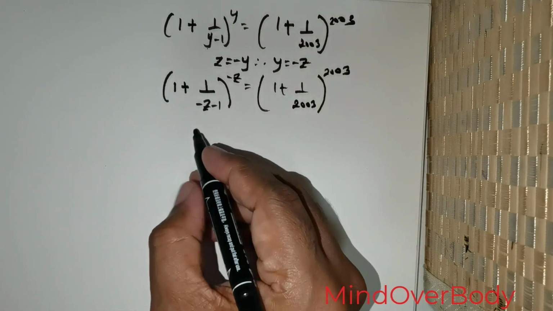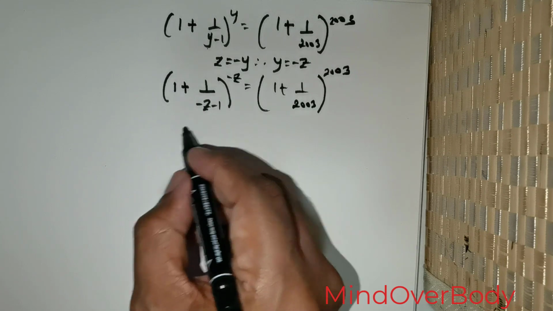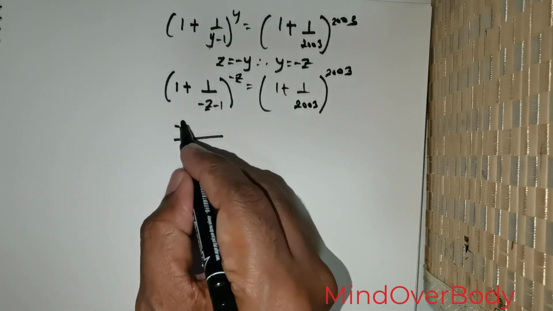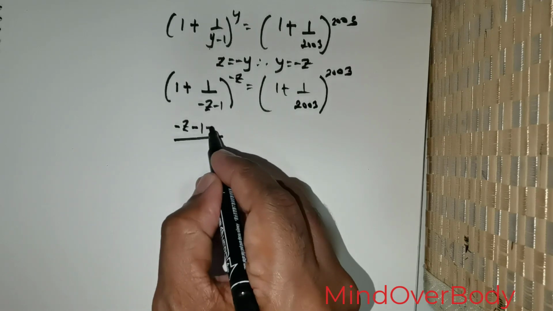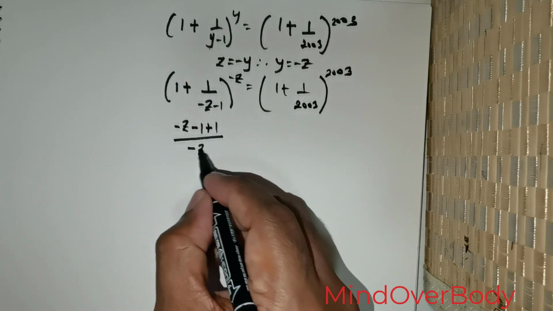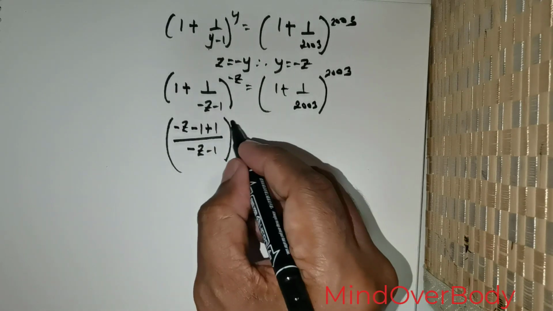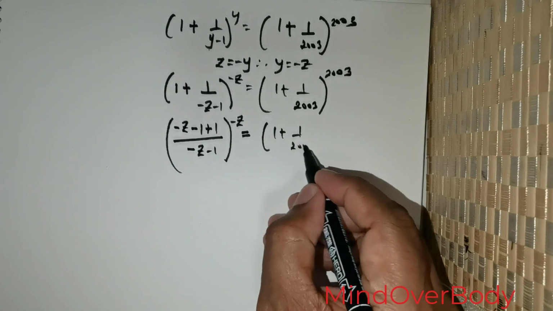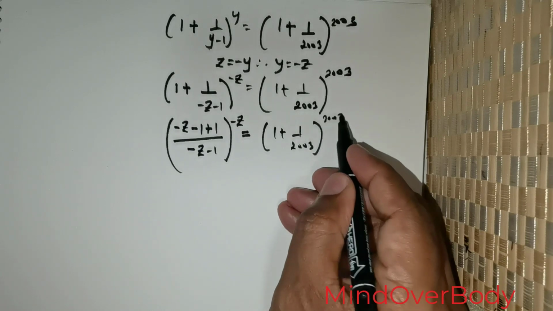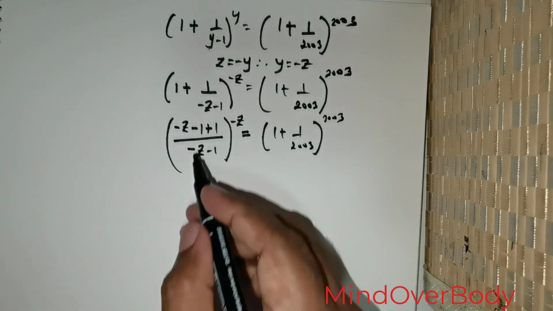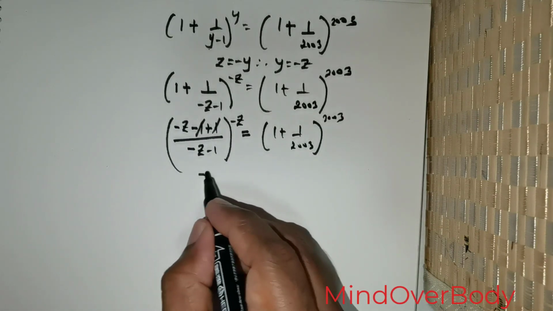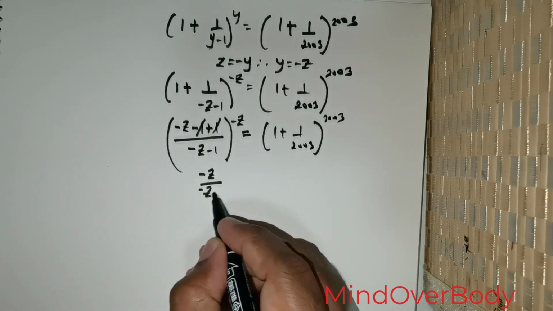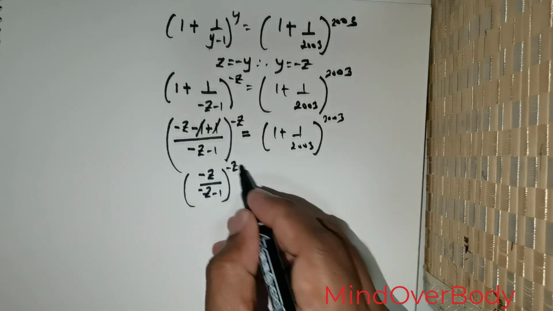Now I would like to simplify this. This is going to be (-z - 1 + 1) divided by (-z - 1), raised to the power of negative z, equal to (1 + 1/2003) raised to the power of 2003. Now negative 1 plus 1 goes away, giving me negative z divided by (-z - 1), raised to the power of negative z.